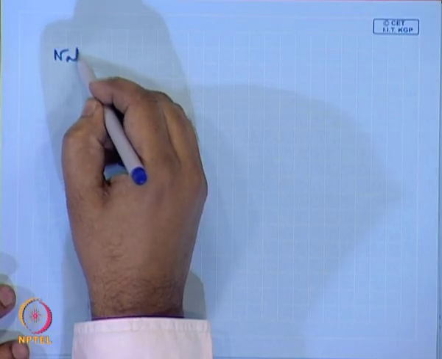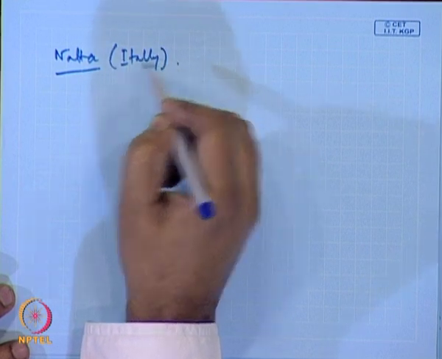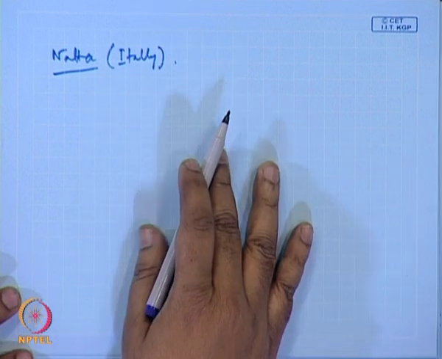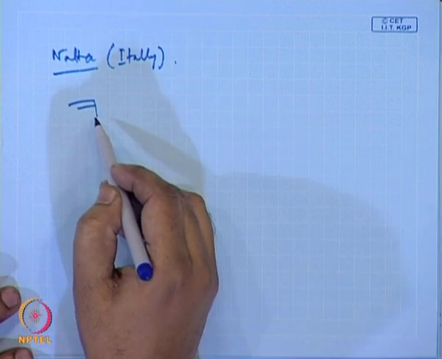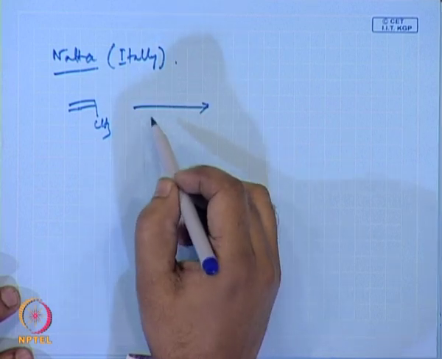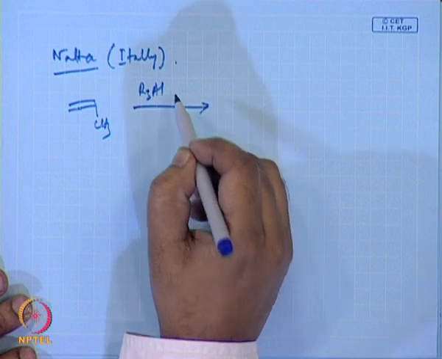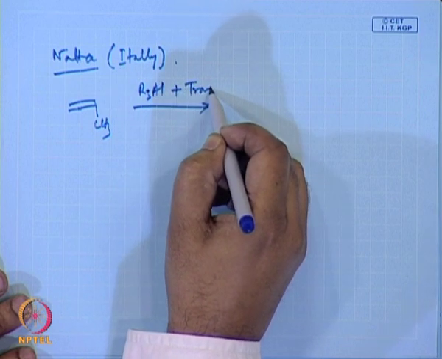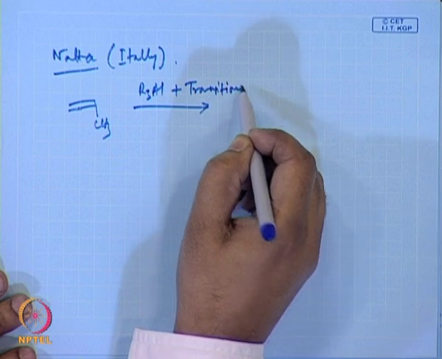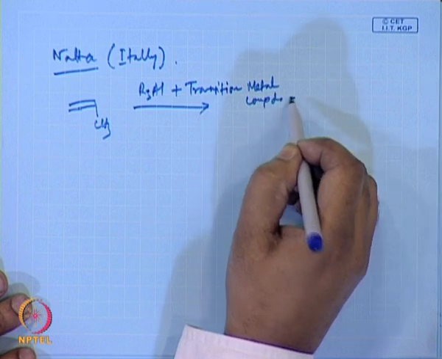Now, the same sort of catalyst was used by Natta. He was from Italy. Instead of ethylene, he took an alpha olefin, in this case propylene, and used the same sort of catalyst, alkyl aluminum plus transition metal compounds.